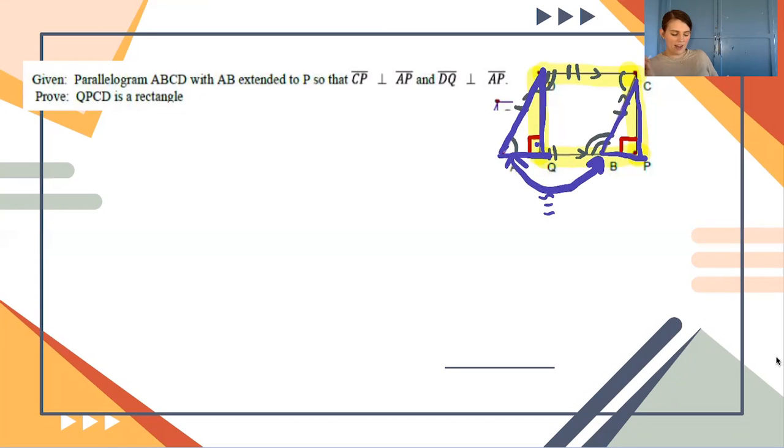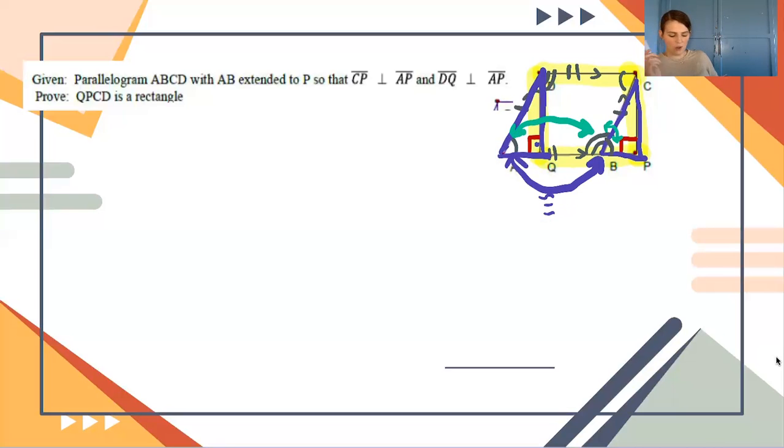I can do that because these angles are going to be supplementary, and these angles will also be supplementary, making those congruent.